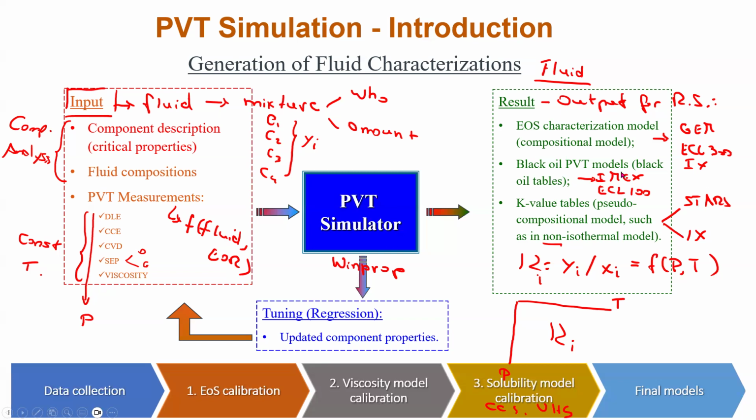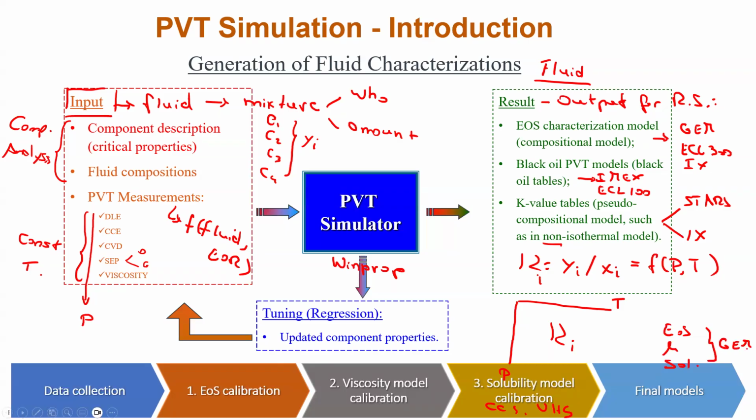So in this case, our models for CCS and for hydrogen are generally compositional models. So the final models will be the equation of state, the viscosity model, and the solubility model. Okay, for a compositional model, for GEM, for example.